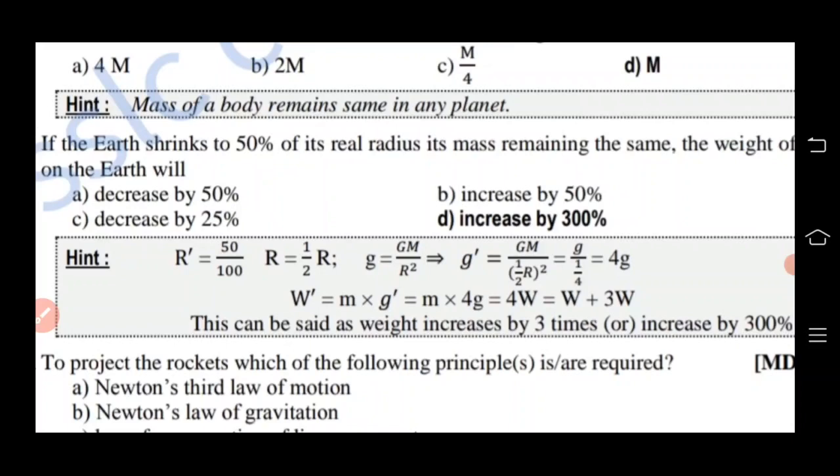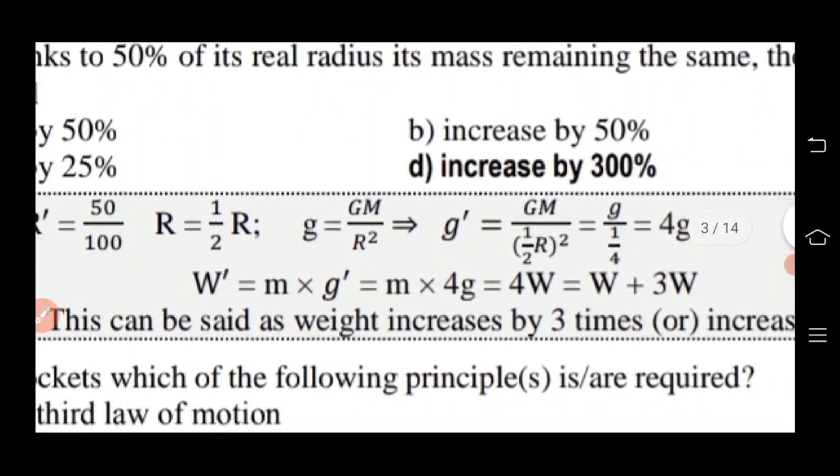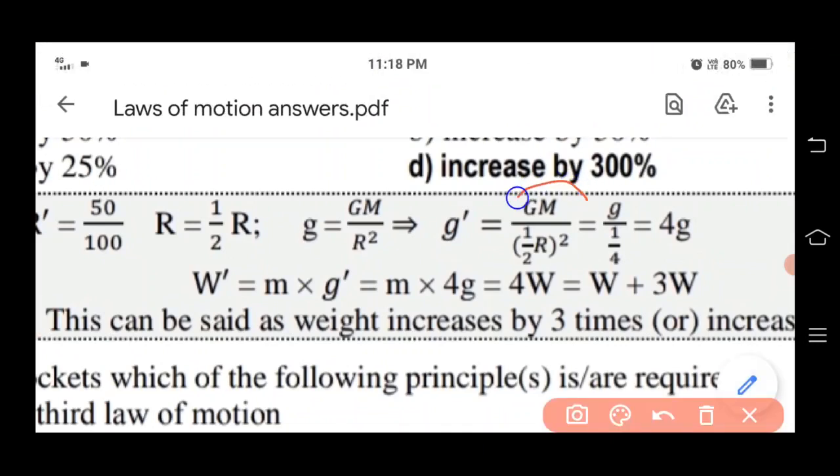And then we know that for acceleration due to gravity, g equal to GM by r square, equal to g dash. So g dash equal to GM divided by r dash square, and r dash is given as 1 by 2 r.